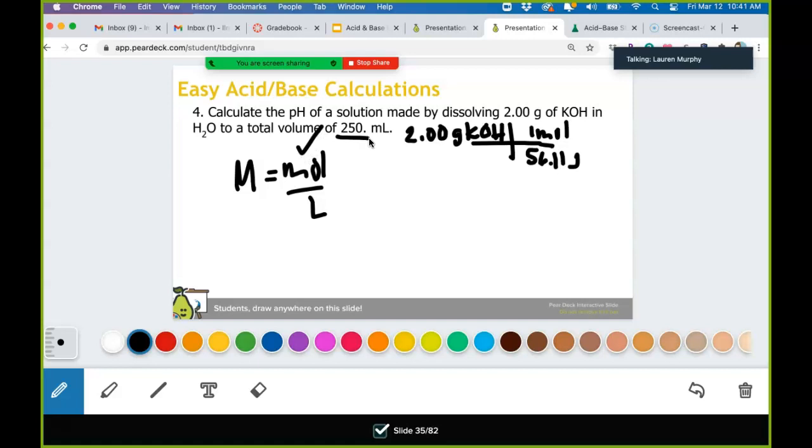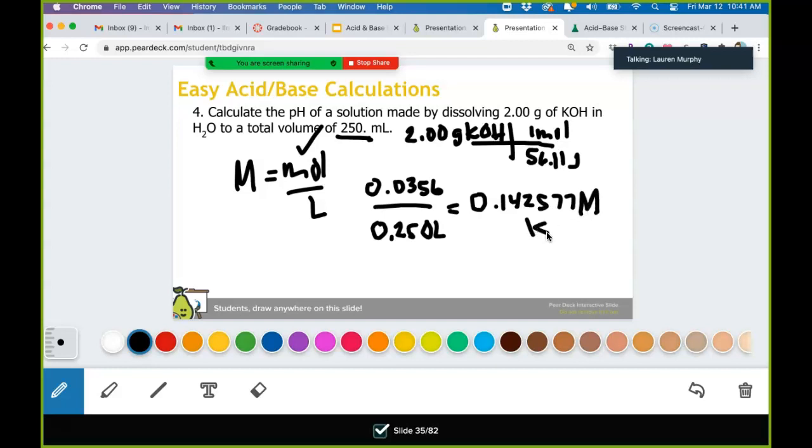And then I divide by liters, so that would be 0.250 on the bottom. So the moles is 0.0356 something. And the molarity is like 0.142577 something. I'm not rounding yet because we're not done. Molar KOH.